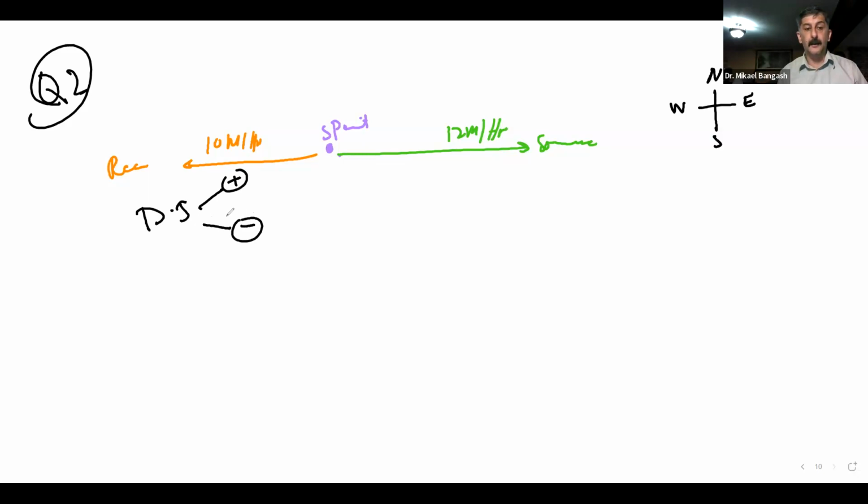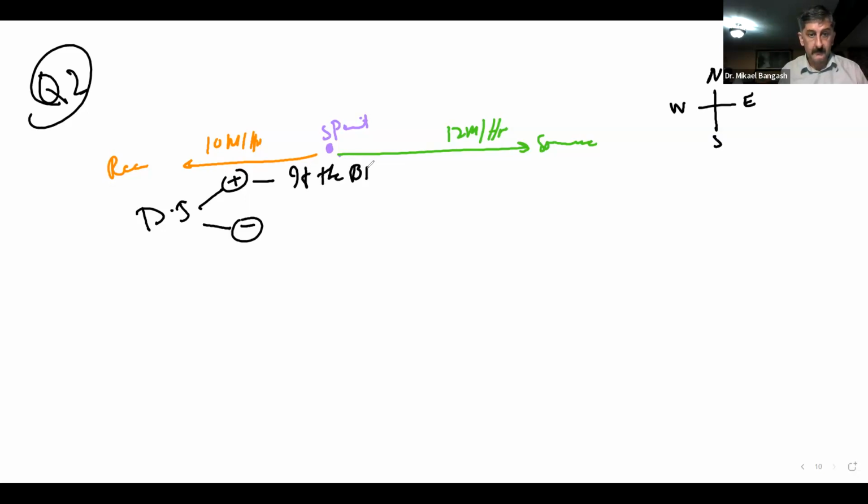Now the main thing, as I mentioned back then when we talked about Doppler shifts, positive and negative.